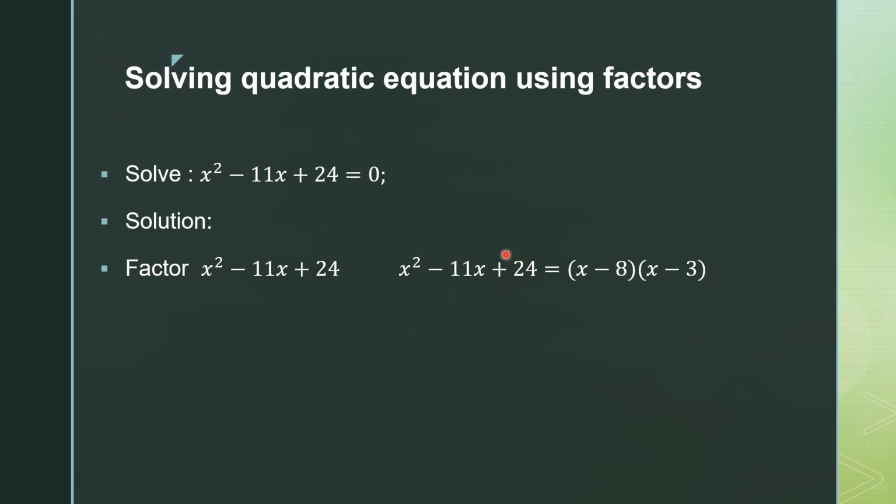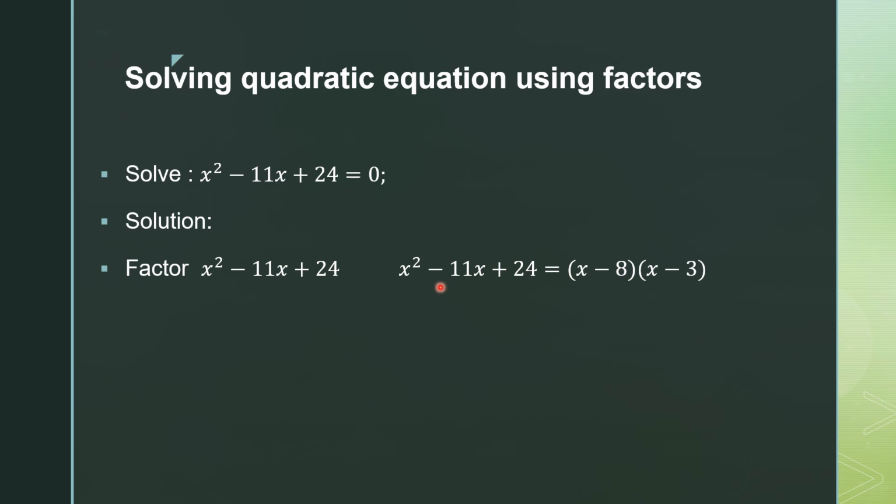And because the last term here has a positive sign, these two signs will be similar to each other. Similar means either both of them are positive or both are negative. Which one to select is based on the sign of the middle term.